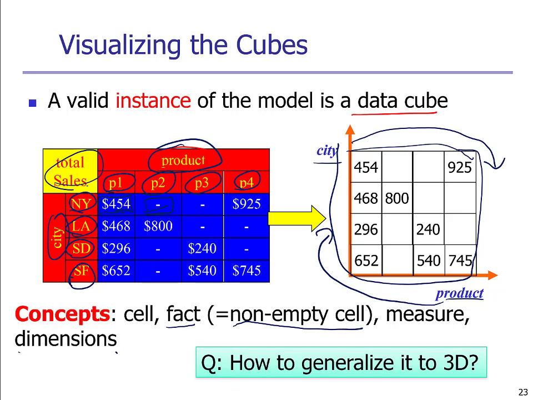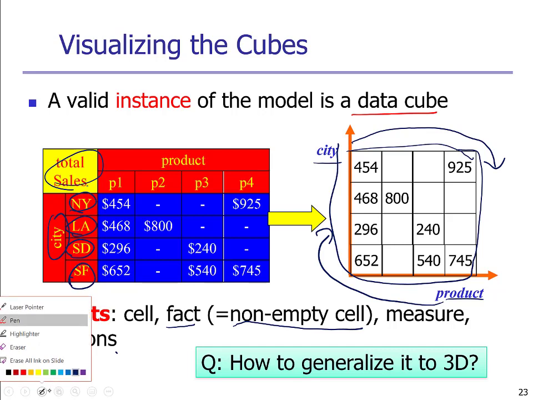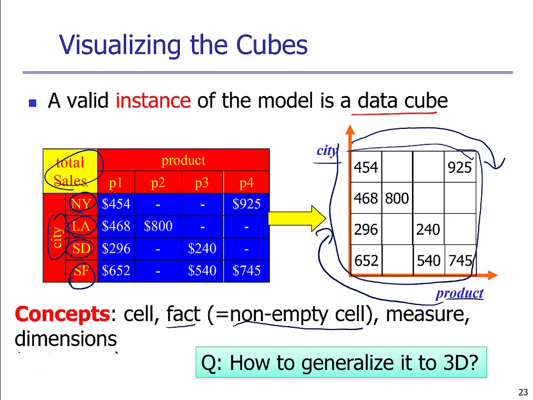If the time is at the quarter level, we nest the time dimension under the product, for example Q1, Q2, Q3, Q4, and so on.